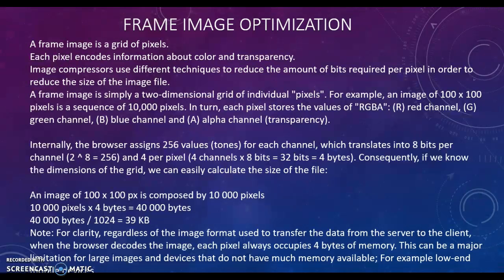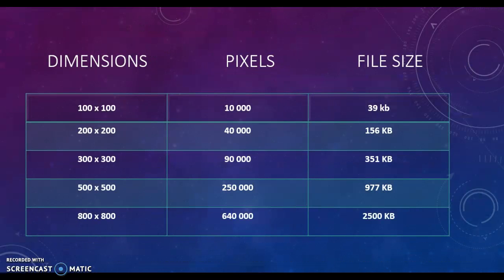This can be a major limitation for large images and devices that do not have much memory available, for example low-end mobile devices. We have to be careful with the images. We need to check the dimensions, pixels, and file size.